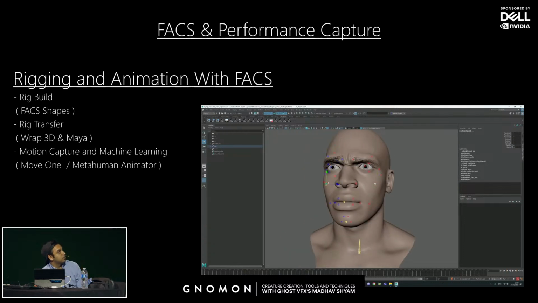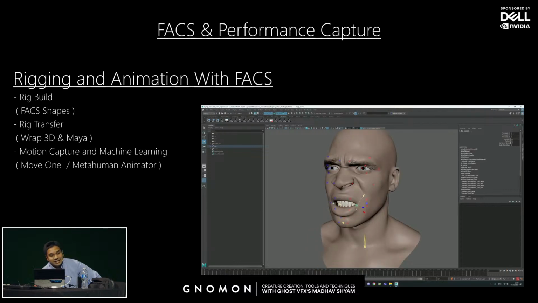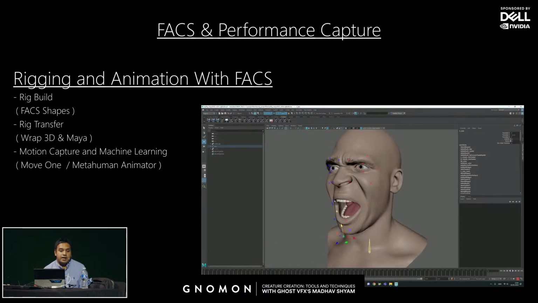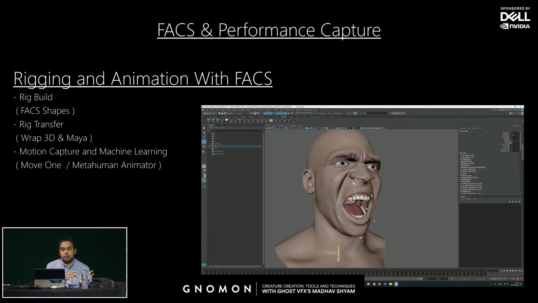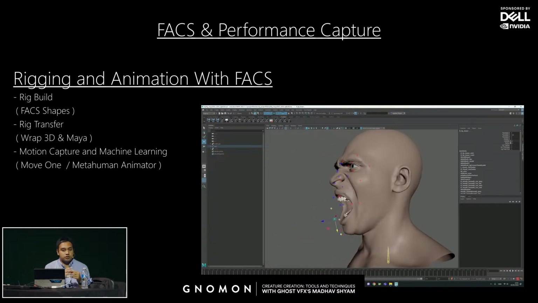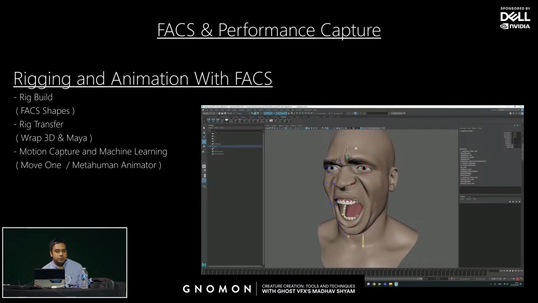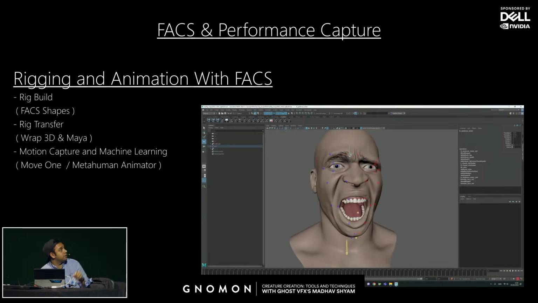And this rig system is primarily built off of just blend shapes, and that's what's creating all of the effects. The cool thing about building a system like that is that when you want to transfer it over to multiple different characters, because it's just primarily blend shapes working on the underlying system, that transfer is really, really easy.